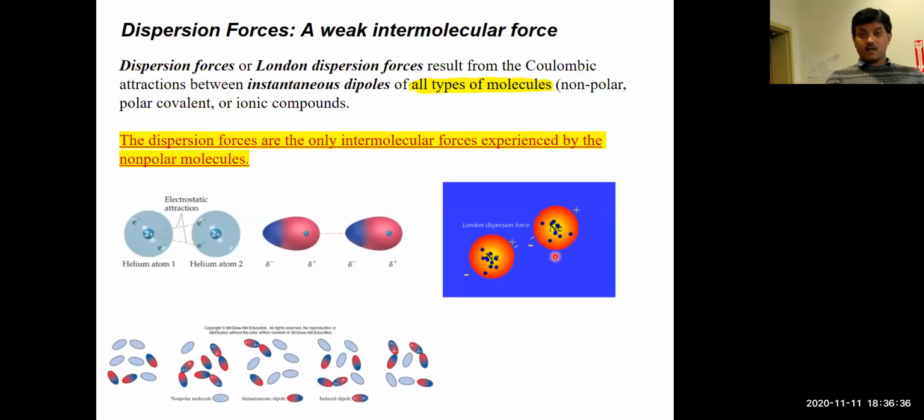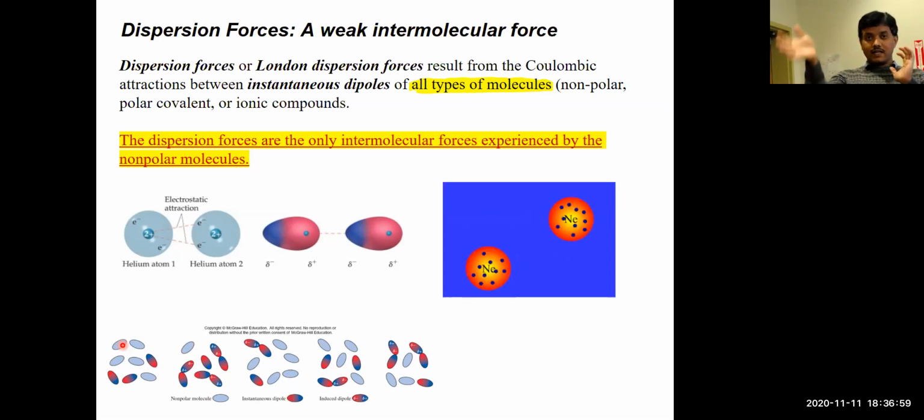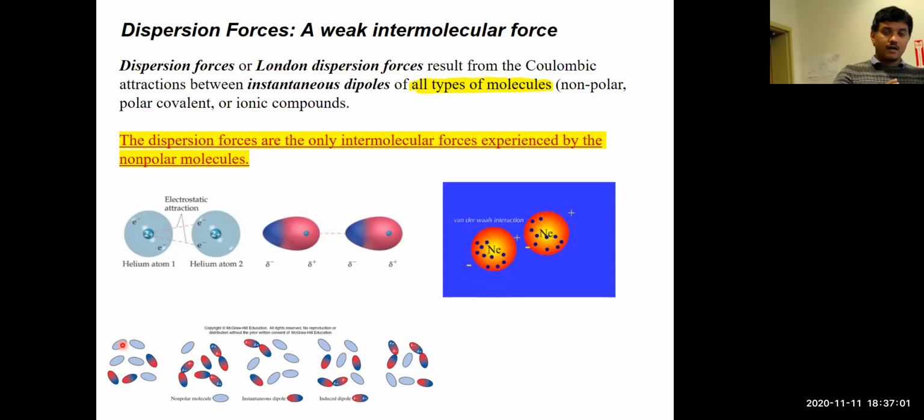Here are some examples of how they interact. Basically the molecule is nonpolar. It doesn't really have any polarity in it, so the electron cloud fairly stays in the middle, right? It doesn't have to move anywhere. But because the electron cloud is continuously moving all over the molecule, at a fraction of a second, one side is electron heavy and one side is electron less.